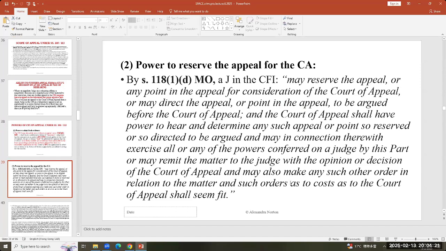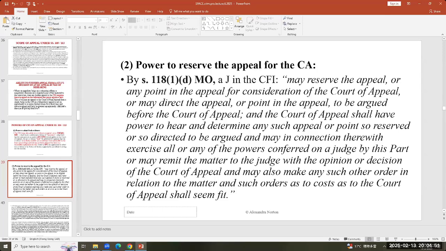Now, this is basically what I think of as an appeal that the judge in the Court of First Instance considers to be a hot potato, right? So someone throws you a hot potato, you catch it, burning your hands, you lob it, right? So this is the power of the CFI judge to say, oh, this appeal is way too difficult for me. I don't want to deal with this. I'm going to send it up to the higher court.